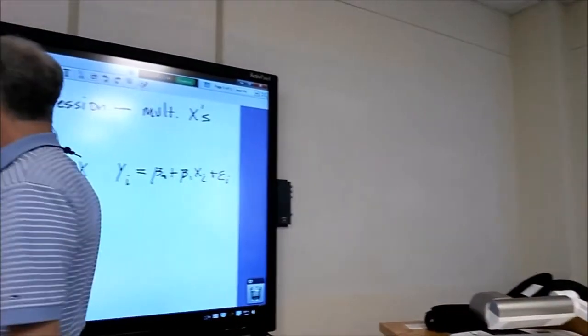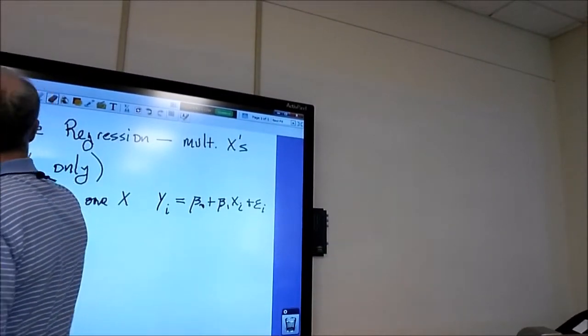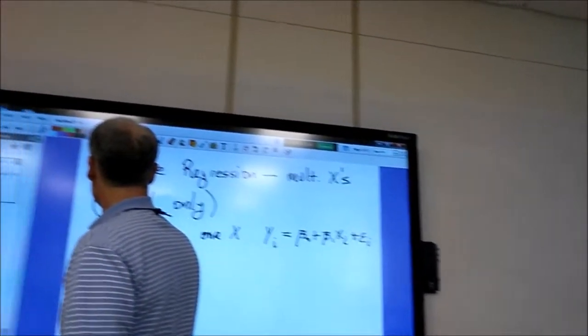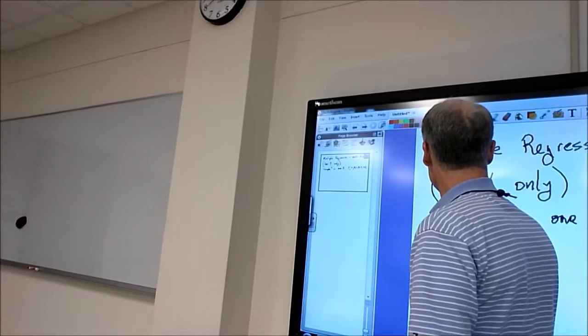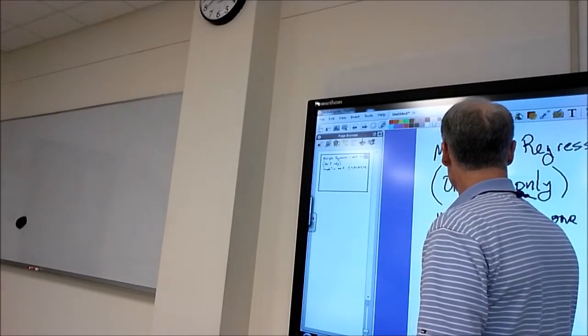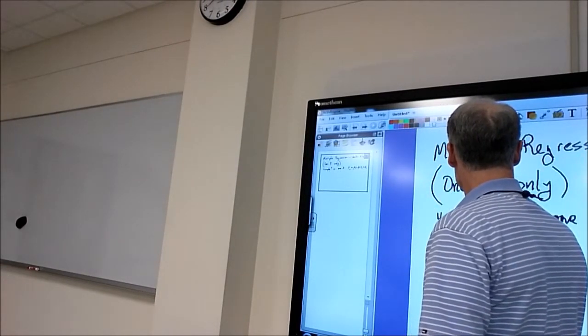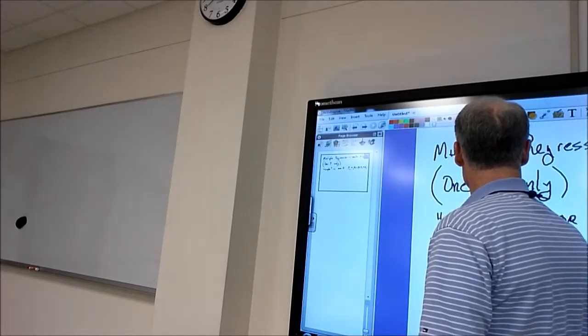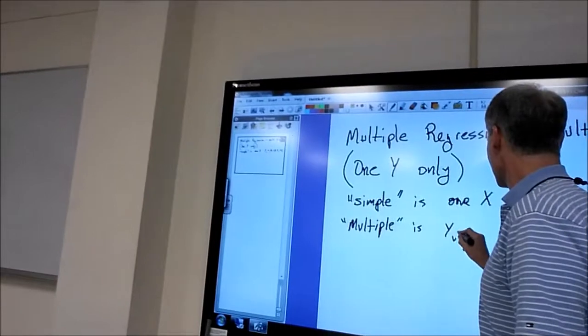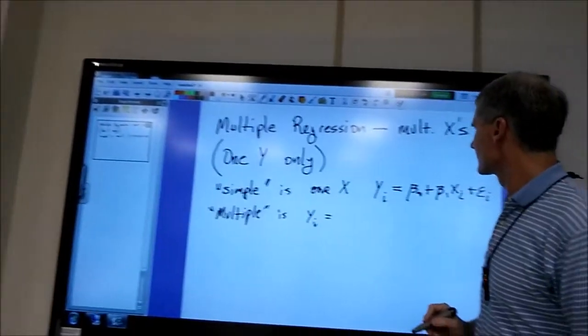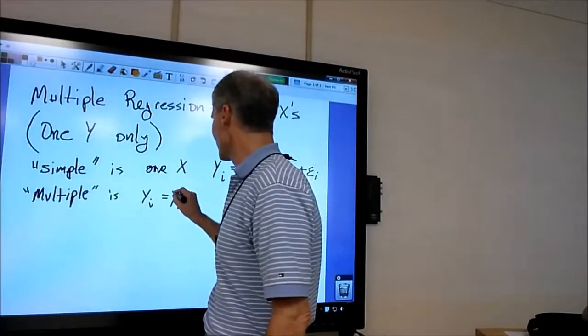So for multiple regression, it looks exactly the same, except guess. It has multiple betas. That's right.